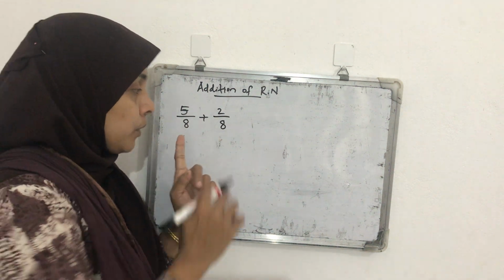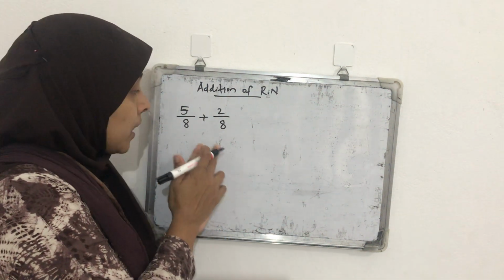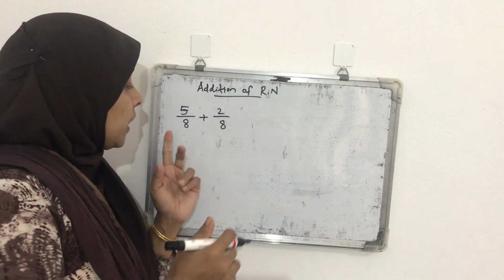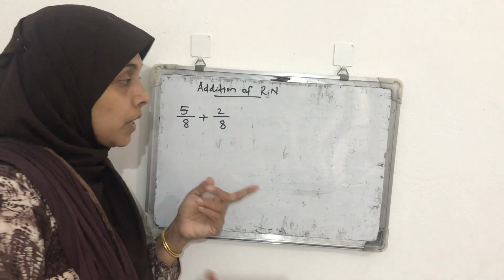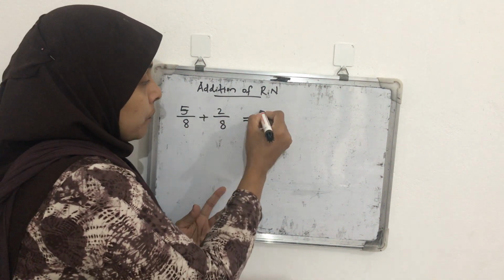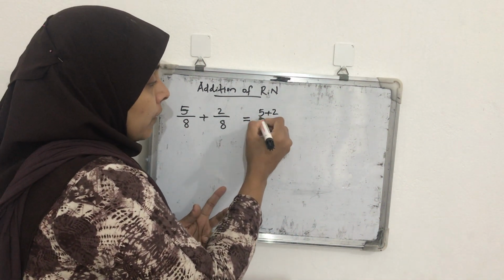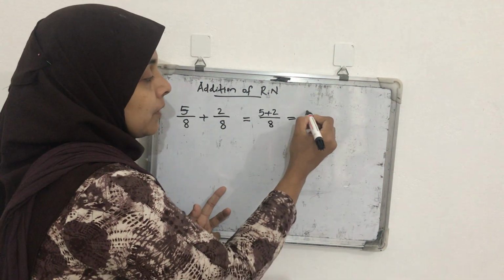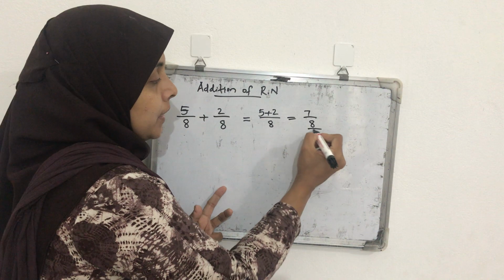In this case, both are rational numbers and both are positive. If the denominators are the same, it is very easy. We only need to add the numerators. So 5 plus 2 divided by the common denominator 8.